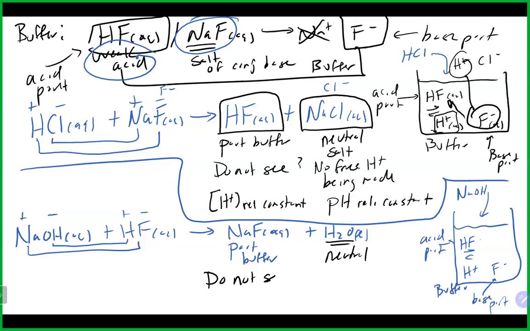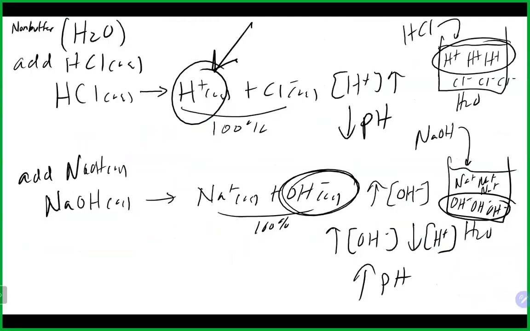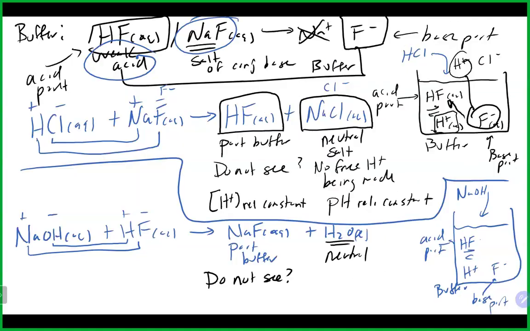What we don't see here is, if we look back at what happened when we added the sodium hydroxide to water, we created a ton of free OH minus in that solution. That had a drastic effect on the H plus concentration and also had a drastic effect on the pH. And in this case, no free OH minus was formed.